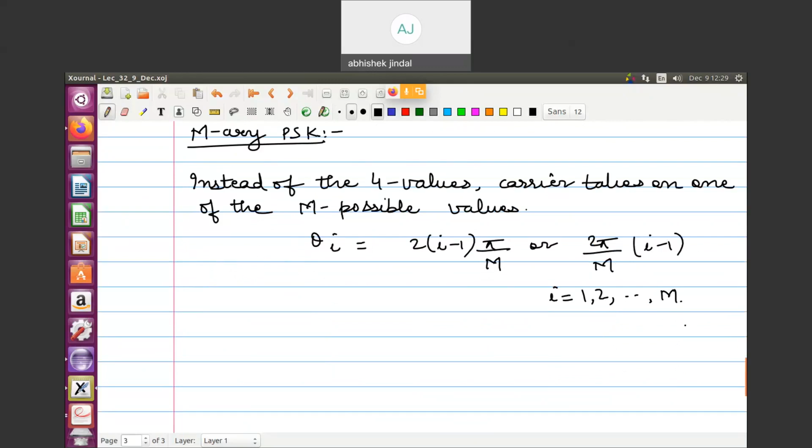So let me write it down: theta i versus i. For 1 it is 0, for 2 it is 2 pi by M, then 2 into 2 pi by M, and this goes up to 2 pi by M into (M minus 1).